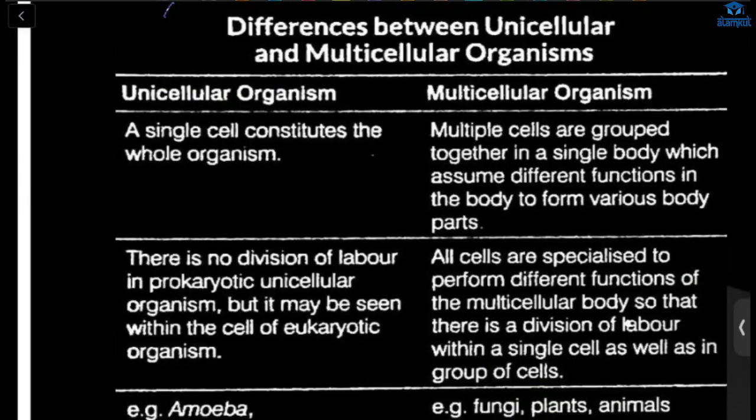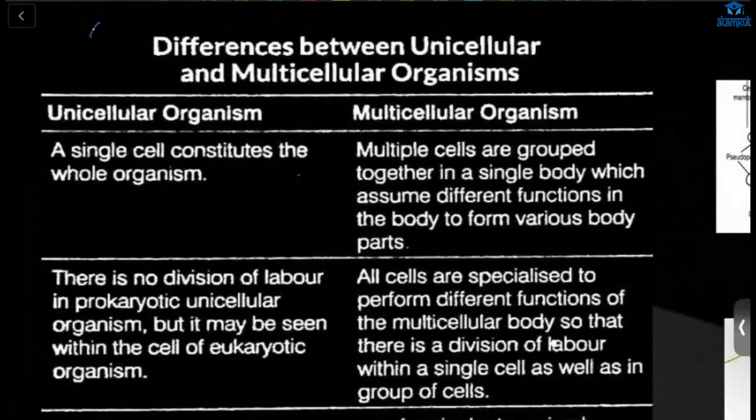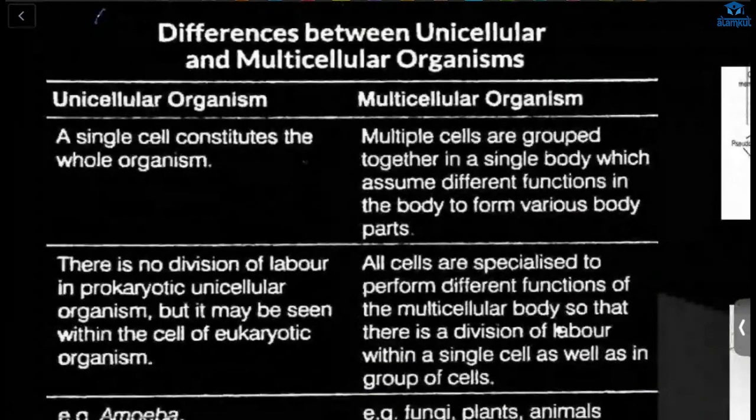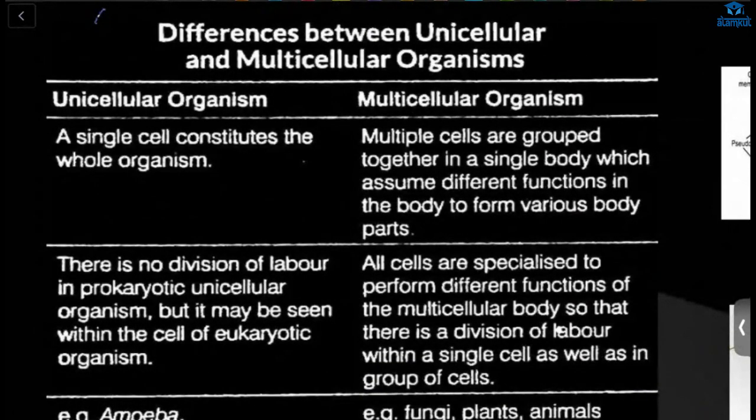So, let's see the difference between them. In a unicellular organism, a single cell constitutes the whole organism. In a multicellular organism, multiple cells are grouped together in a single body, and they perform different functions also.